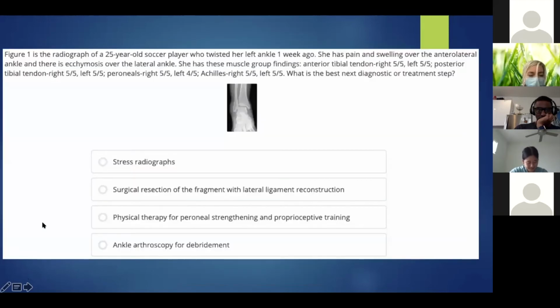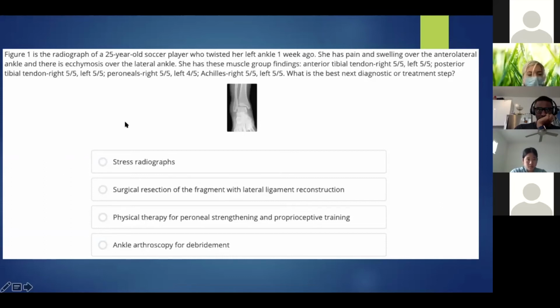So what's your answer to that question? What do you think is an acute sprain 1 week ago? What's your plan that we just talked about a little bit? What's the most important thing for this patient? So I think we should get some stress radiographs just to see if we can identify if it's unstable.